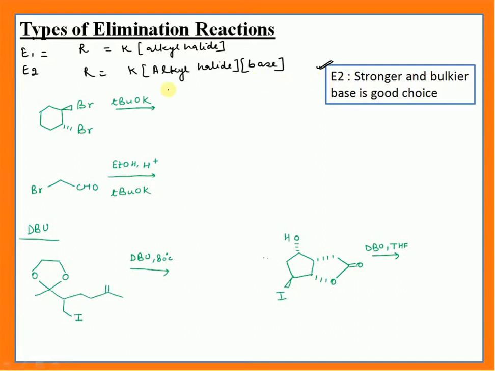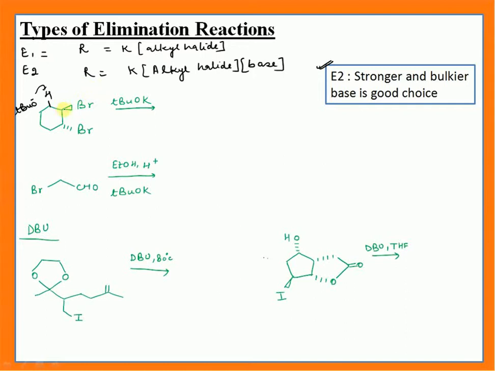E2 elimination is again a single step reaction. Suppose I have a proton at this carbon and we are using a strong base. This tertiary butoxide is a very strong base and bulkier also. So it will remove this proton preferentially if it is small in size. If I am using OH minus, which is stronger but not bulkier, it is lighter in shape, then it can cause substitution reaction, right?